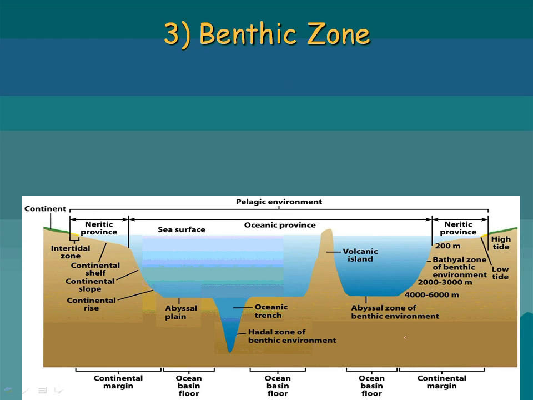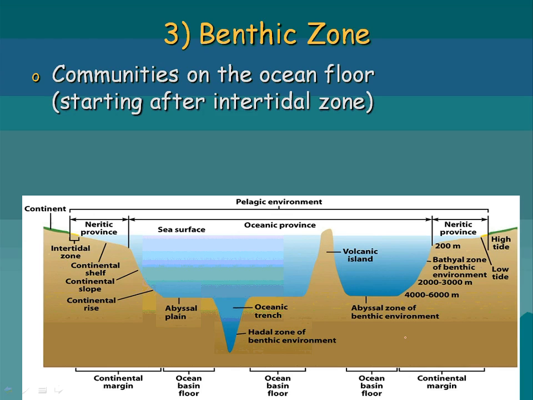And then the last one is the benthic zone. And if you remember the benthic organisms that I mentioned in the beginning of the slideshow, those are ones that live on the bottom, and the benthic zone is basically communities that are on the ocean floor. So this would be after the intertidal zone, and this whole benthic area here. And there are organisms that are adapted to only living on the seafloor.